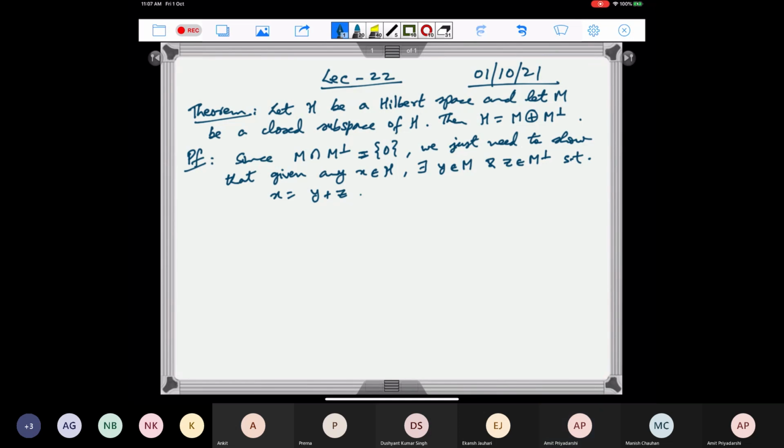So now given any x, we have to first find a vector y such that this happens. So it is clear what y should be.